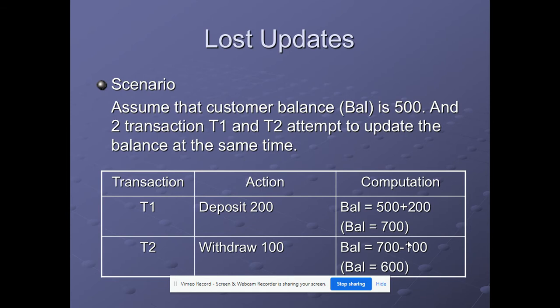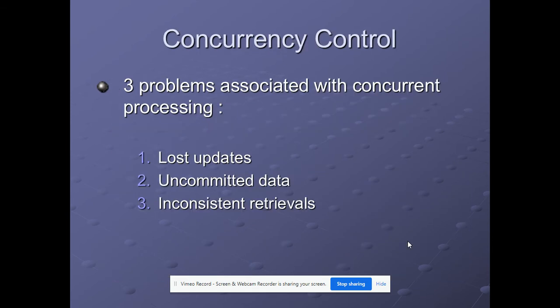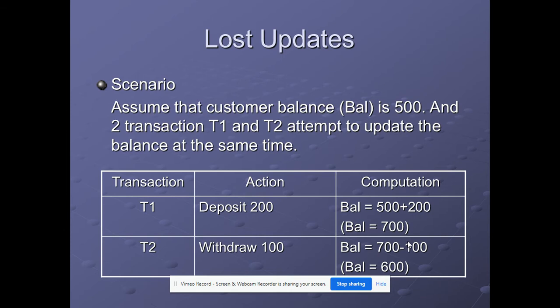Let's move on to a scenario here. We are going to explain lost updates, then uncommitted data, and then inconsistent retrievals. So we've got scenario one. Assume that the customer balance is 500, and transaction 1 and transaction 2 attempt to update the balance at the same time. You see the problem.